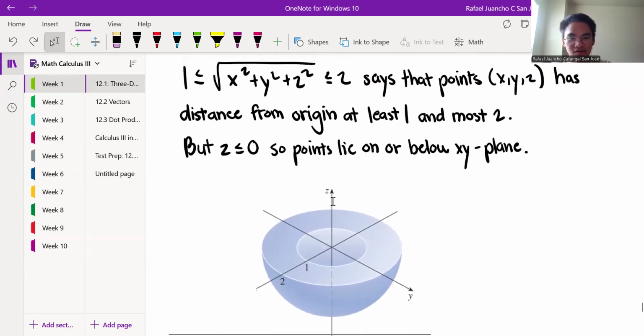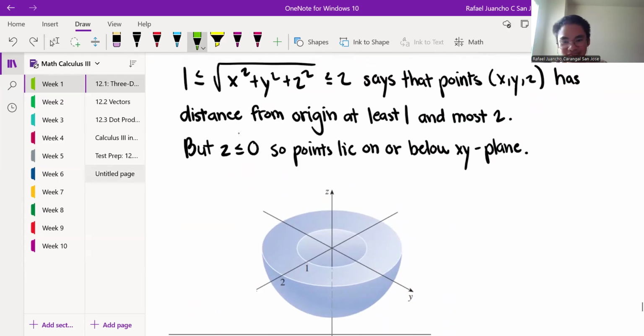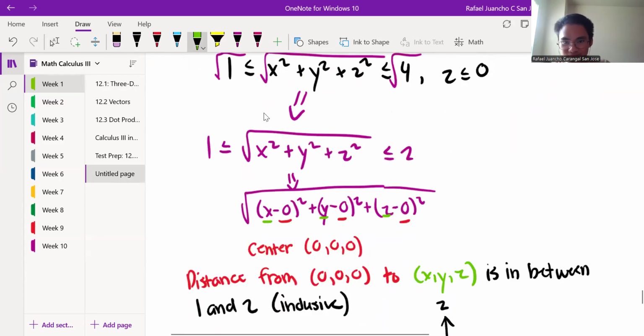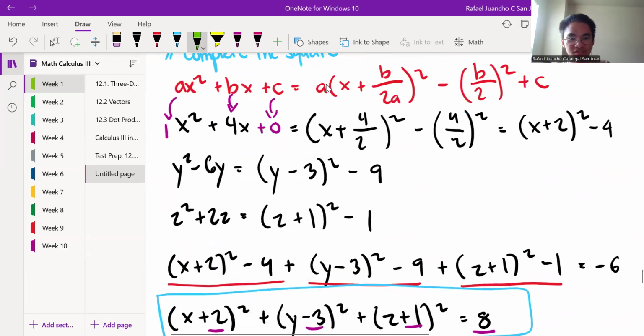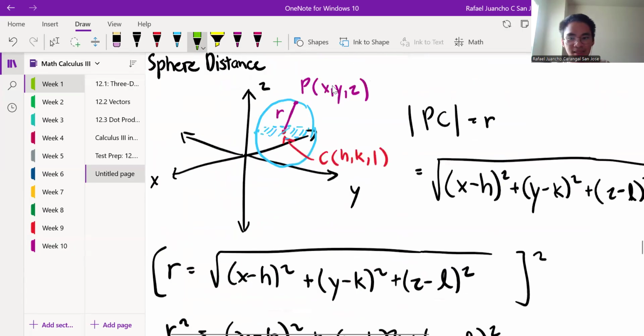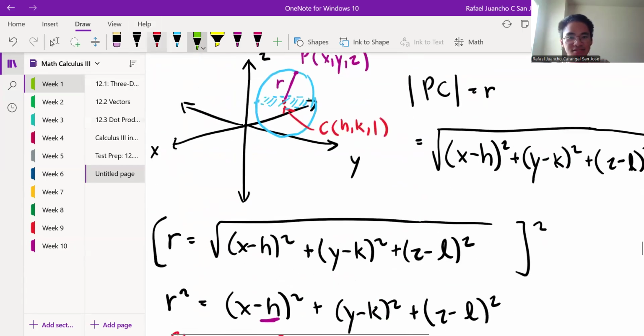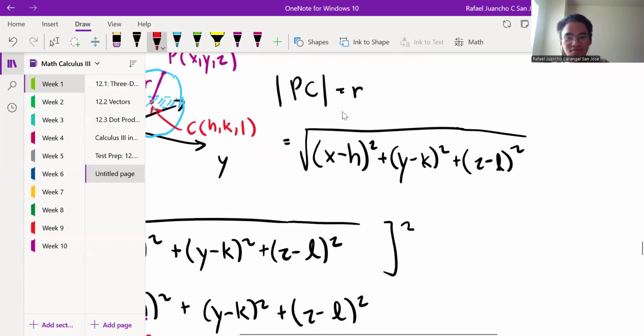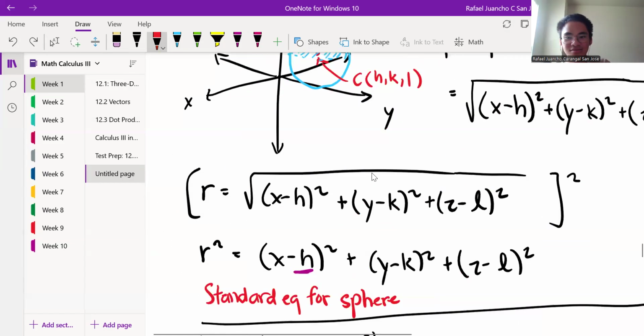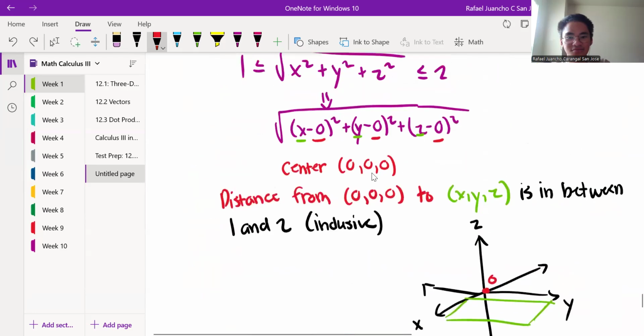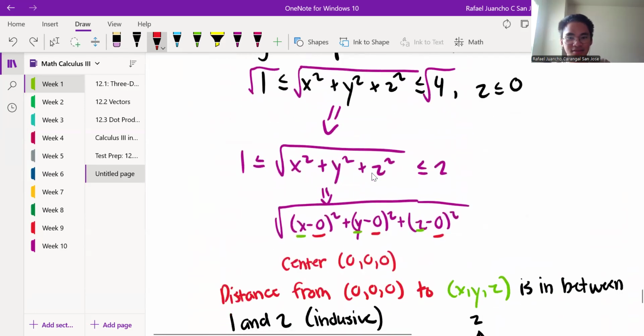This is a sphere. Why is it a sphere? Well, from our previous example, see how this equation is a sphere? It's the same idea. This thing's a sphere.